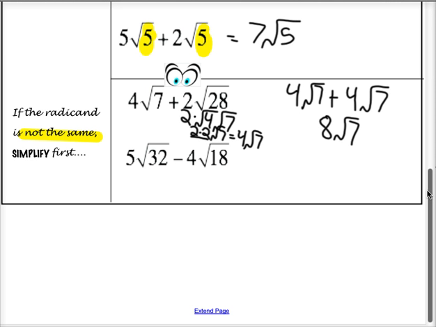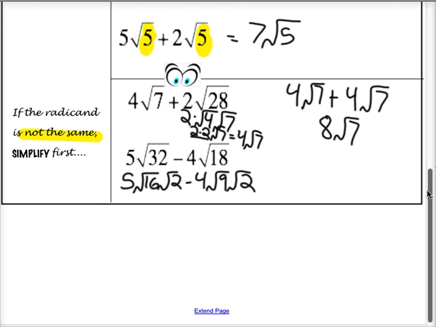All right, now for this next one. This time both of them can be simplified. So out of 32, we can actually pull a 16. And out of 18, we can pull out a 9. So we're still always looking for those perfect squares.